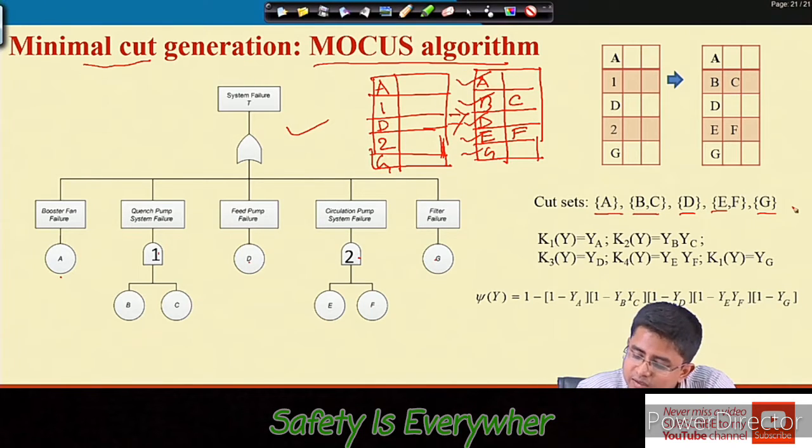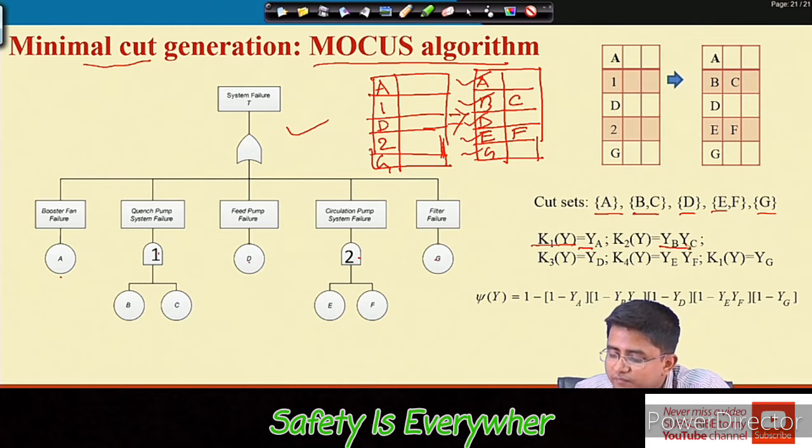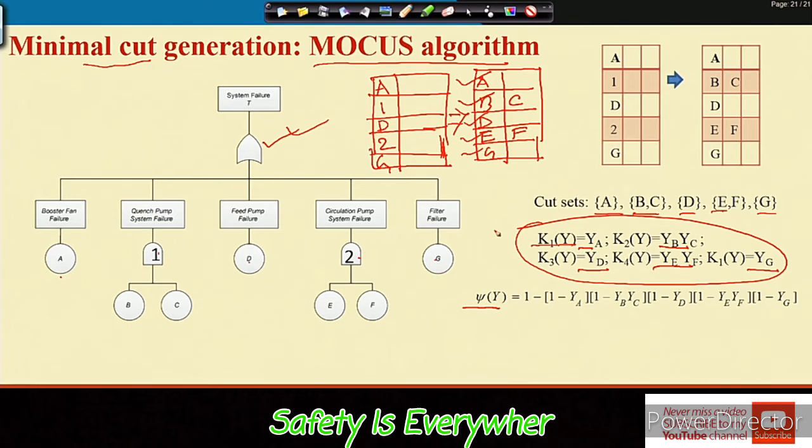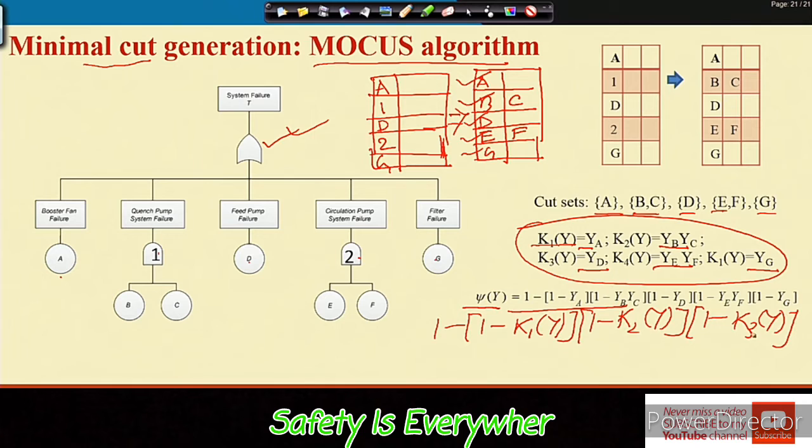So, now the cut structure, if we write in terms of indicator variable, we can write that the first cut structure is nothing but y A, second cut structure is y B into y C, then this is y D, this will be y E into y F, this will be y G. So, now for the structure function, as this is an OR gate, the total structure will be like 1 minus k 1 y into 1 minus k 2 y into 1 minus k 3 y into 1 minus k 4 y into 1 minus k 5 y.